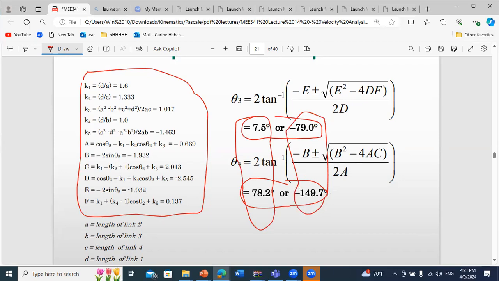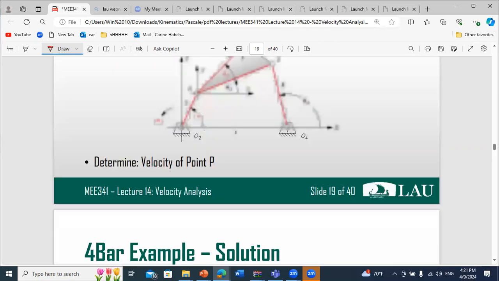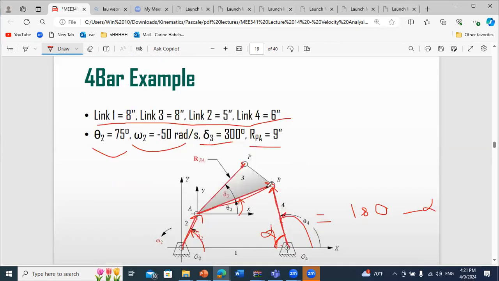If you go back to your figure, if you remember in class we said that when we talk about the open configuration, when we go from the coupler to the output link, we should move in the counterclockwise direction. Okay, so this angle corresponds to this one.